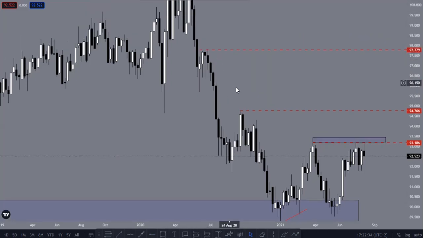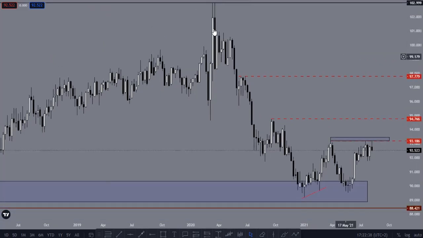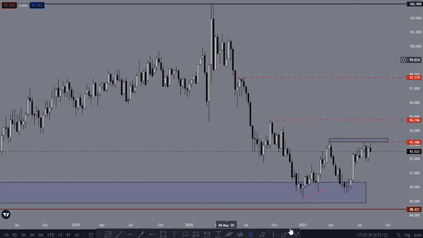So what did we have in this leg alone? We had price make a high, a low, a high, a lower low, another lower high, another lower low, and so forth.